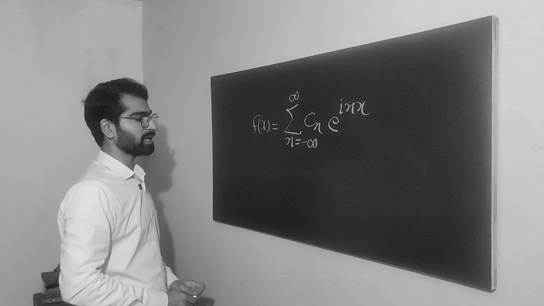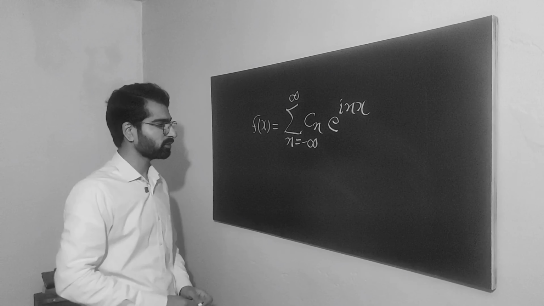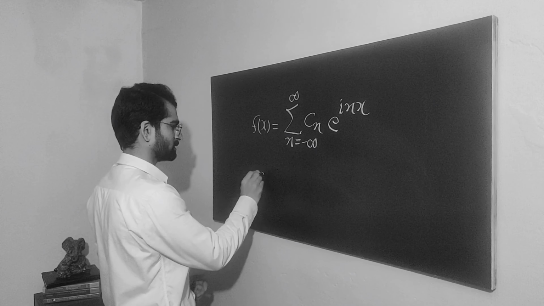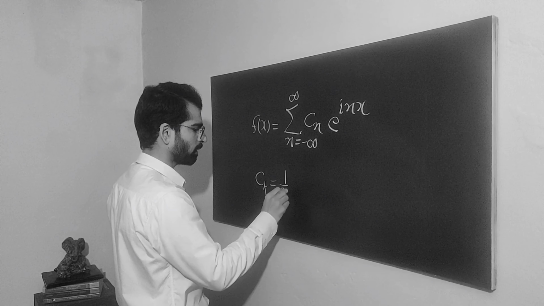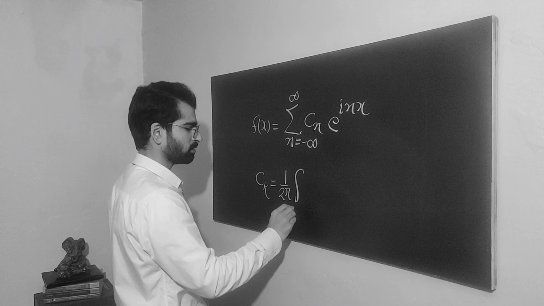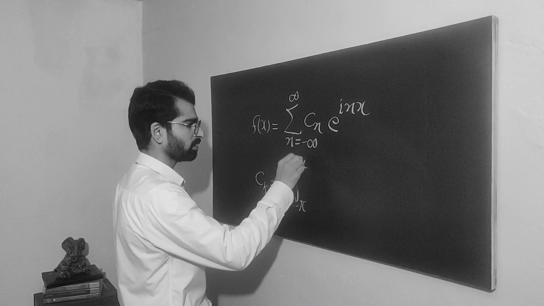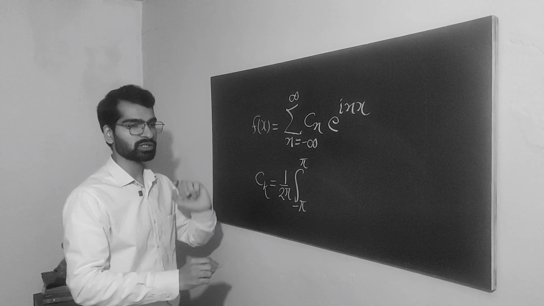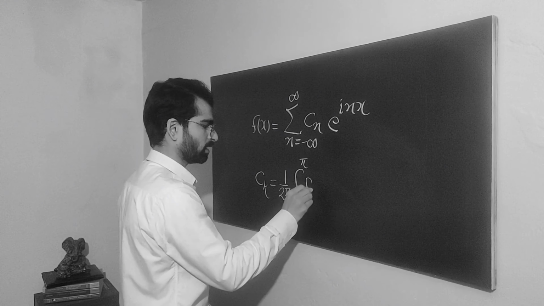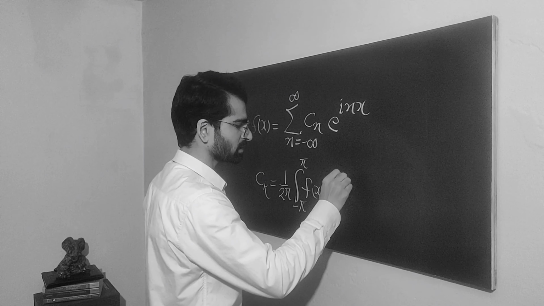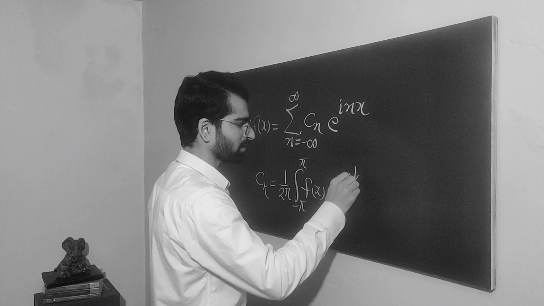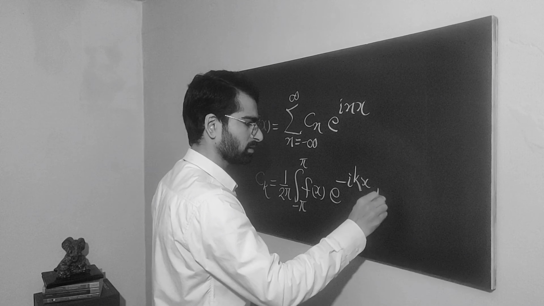And these c_n's, complex amplitudes, let me write c_k's, are given by 1 over 2 pi, the integral from minus pi to pi, over which this function is periodic, f of x times e to the minus i k x dx.